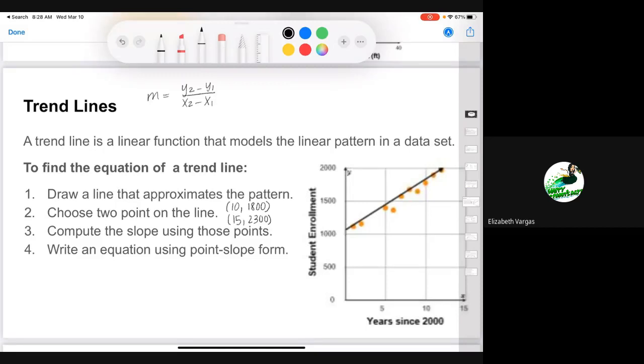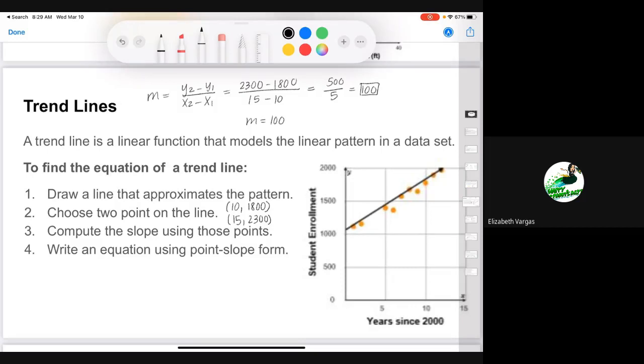And what I'm doing here again is finding the equation of the trend line. Okay, now I substitute in my variables. And what I get is 500 over 5. 500 divided by 5 is 100. So my slope, my m, is 100.